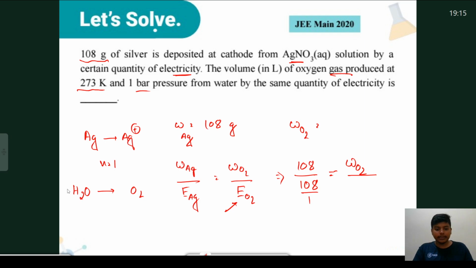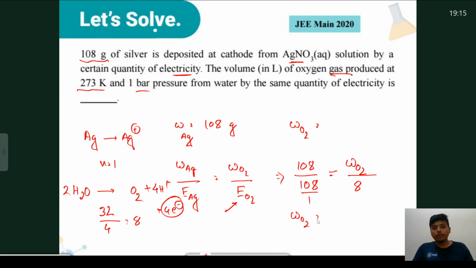I told you to remember this reaction, very important: 2H2O gives O2 plus 4H plus plus 4 electrons. Yes or no? So what will be the E of O2? Oxygen mass is 32, and what is the n value? 4. So 32 by 4, 8. Clear? So W of O2 is 8.